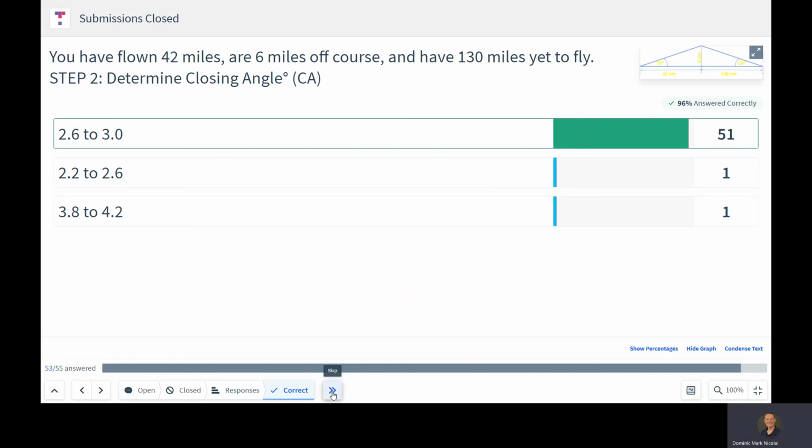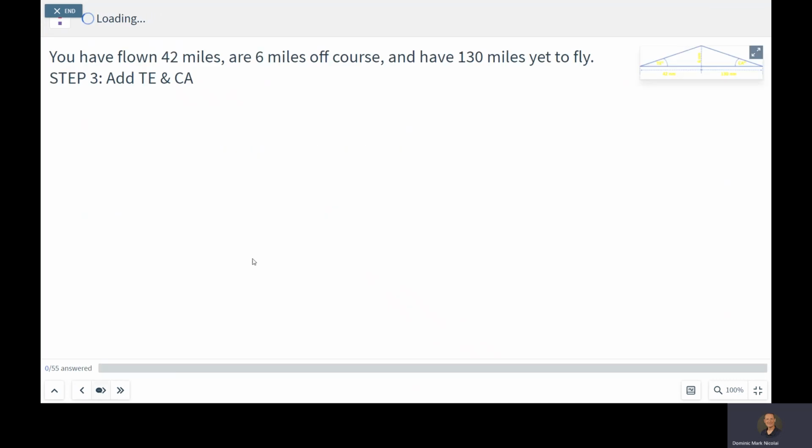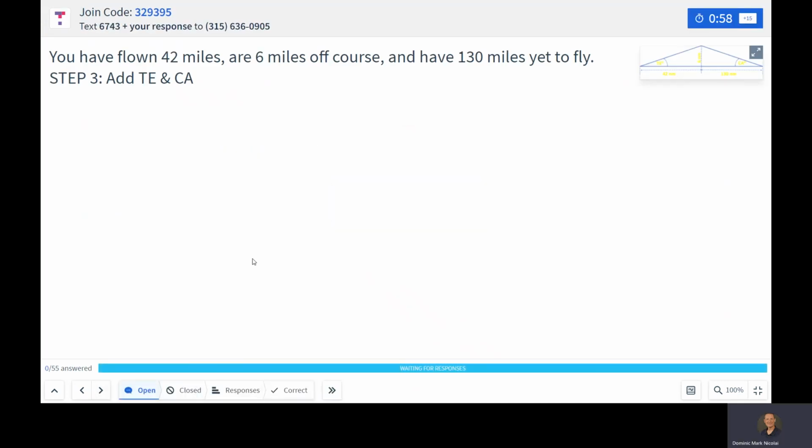All right, so now we do step number 3. We're going to take the track error plus the closing angle. So you should already have both those numbers down. Simple addition now.